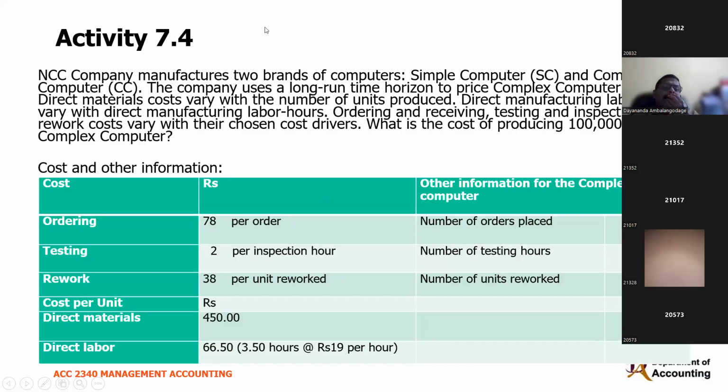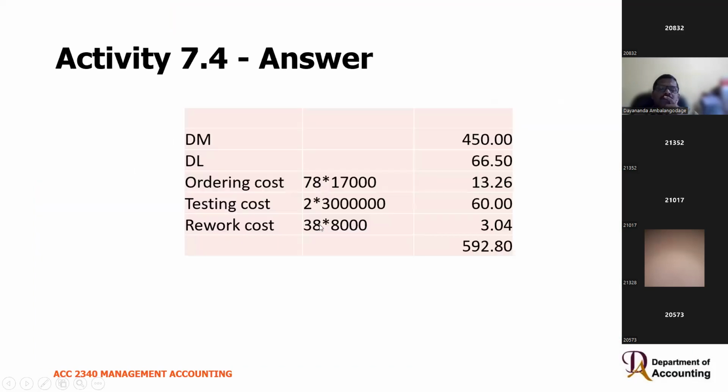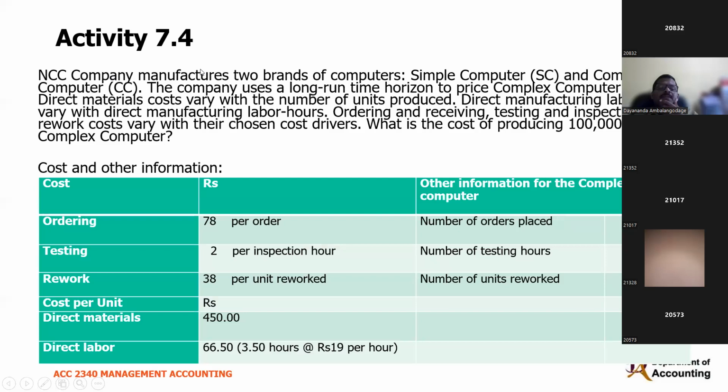Then case 7.4, I think we discussed this also, but just: NCC company manufactures 2 brands of computers, simple computer SC and complex computer. So all the data is given: ordering cost, testing, rework, number of orders placed 17, number of testing hours, number of unit works, and direct material 450 and 66.50 is the direct labor.